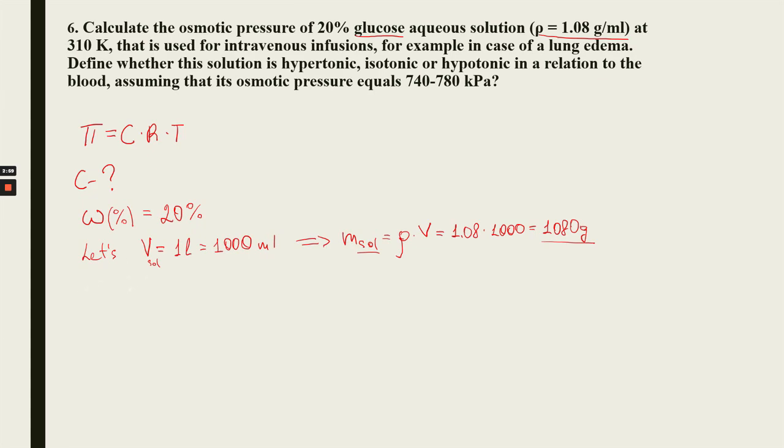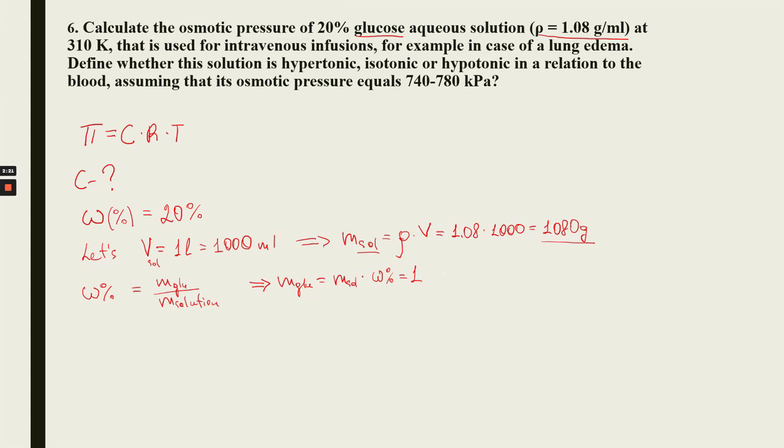So you can open your notes from first practical lesson and find the formula for mass fraction. It is mass of dissolved substance, in our case of glucose, divided by mass of solution. So we can calculate the mass of glucose as mass of solution, which we just calculated, multiply by omega.